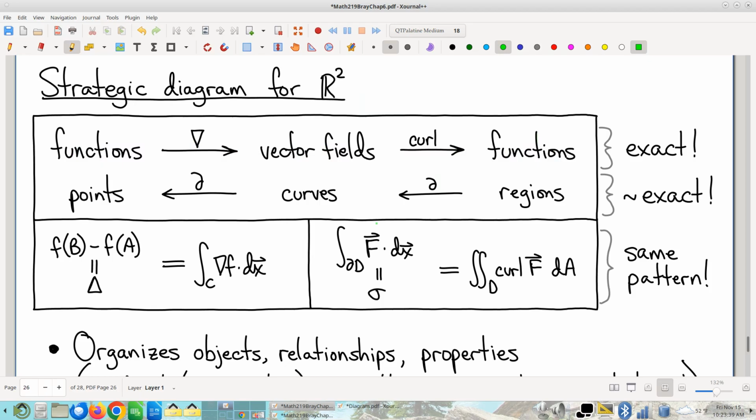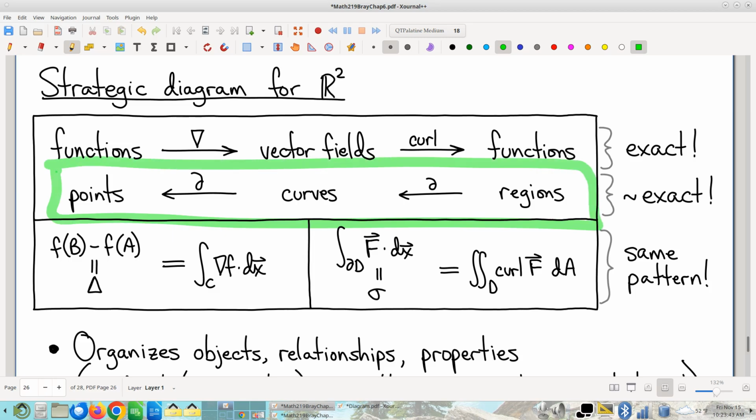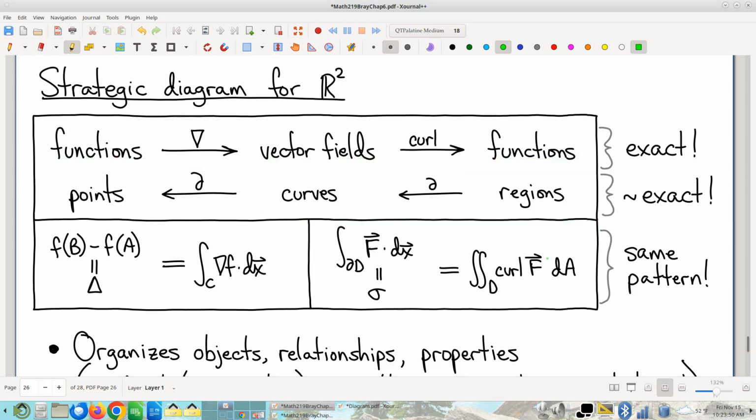Okay. Here's another observation. If you look at the domains on which we evaluate integrals of these things, and let me do that first. We can do 2-dimensional integrals of functions, and when we do so over 2-dimensional regions. We can do 1-dimensional integrals of vector fields.